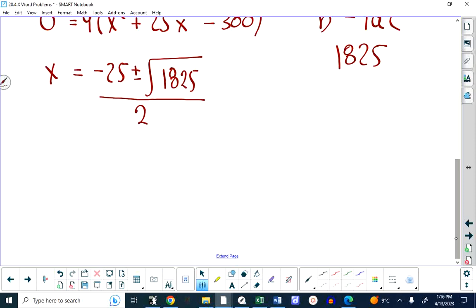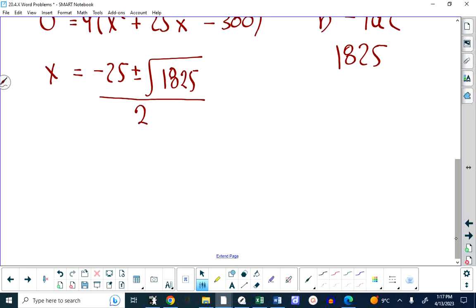You might think somebody's playing a prank on you. You want a decimal value. And the reason I'm going into detail about that is root 1825 can be simplified because 25 divides into it. But who cares? We don't need to spend time with that. We just find the answers.